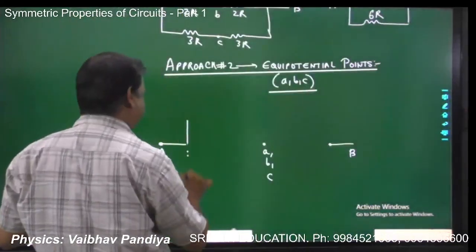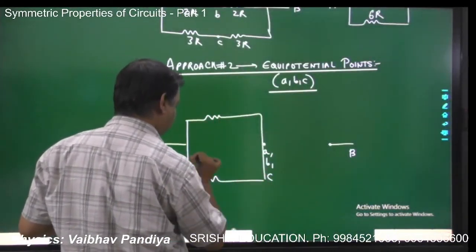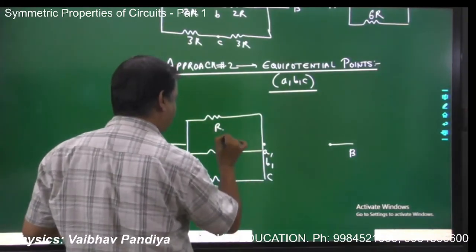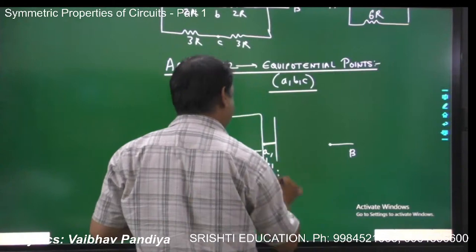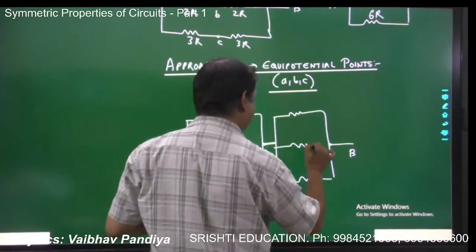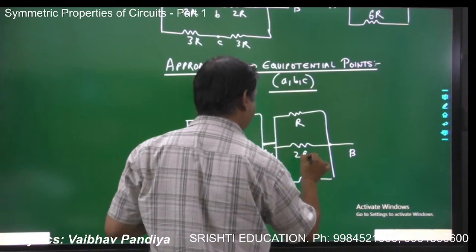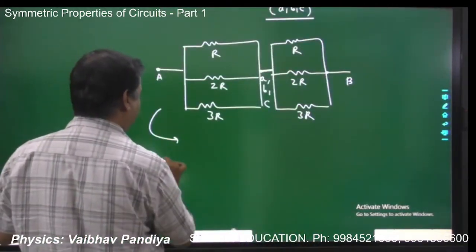So I will have something like this: R, 2R, 3R, and the same thing on the other side, R, 2R, 3R, correct?